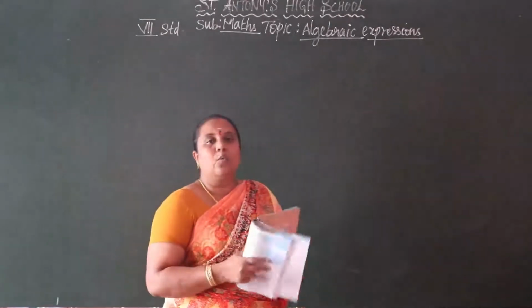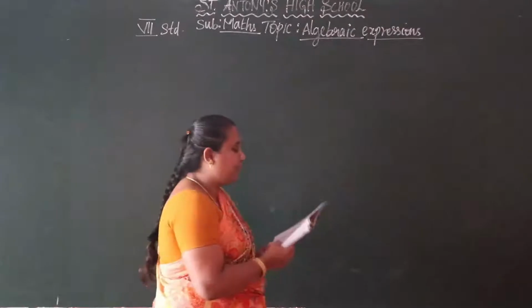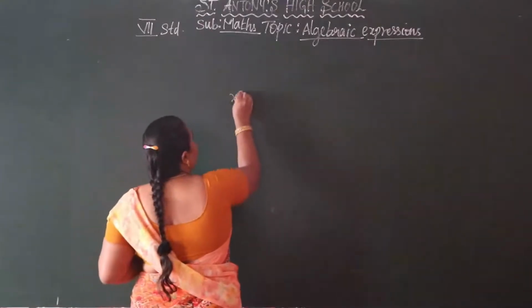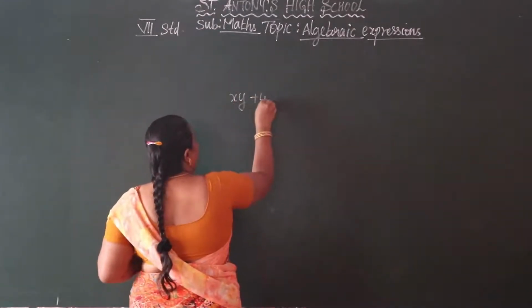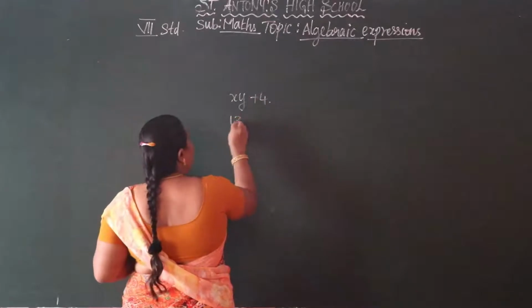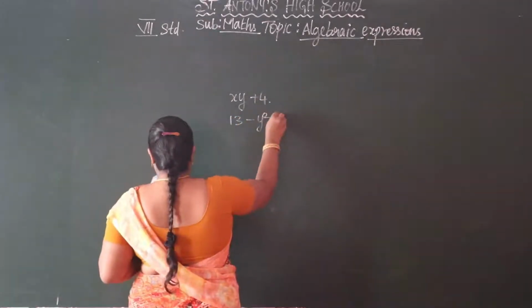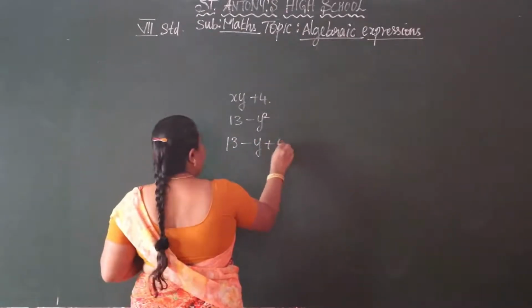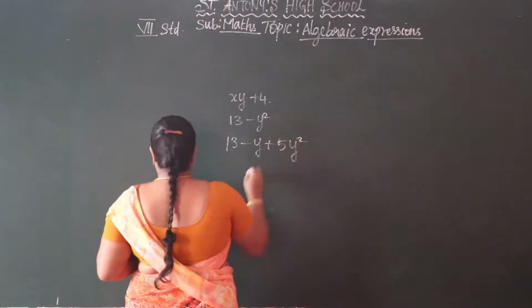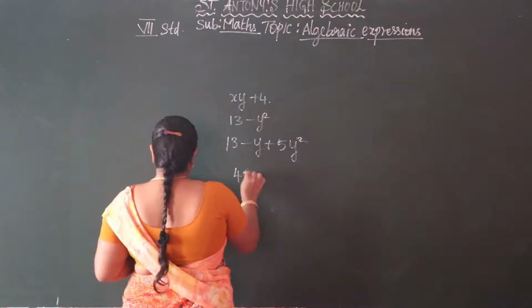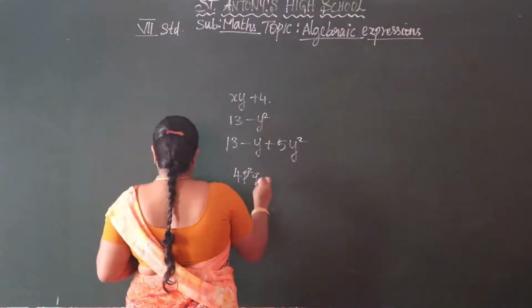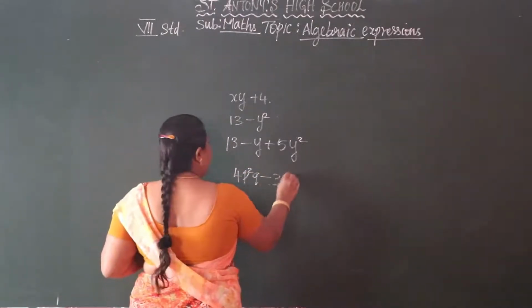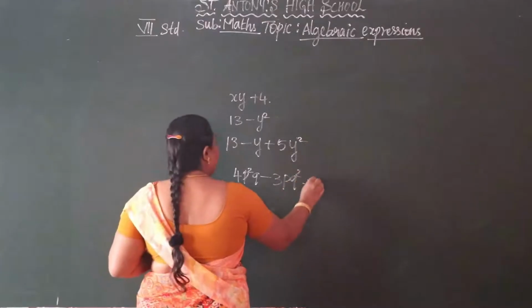Let us take what those expressions are: xy plus 4, 13 minus y square, 13 minus y plus 5y square, and 4p square q cube minus 3pq square plus 5.